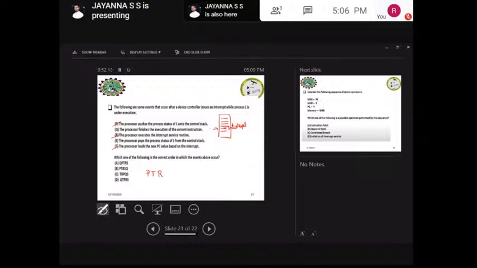For that, the processor pops the process status of L from the control stack, that is S. Then the processor finishes the execution of the current instruction, that is Q. Here this is the correct order that is executed whenever the processor is interrupted. That is PTRSQ. That is option B.